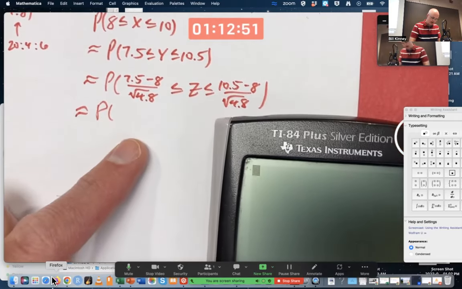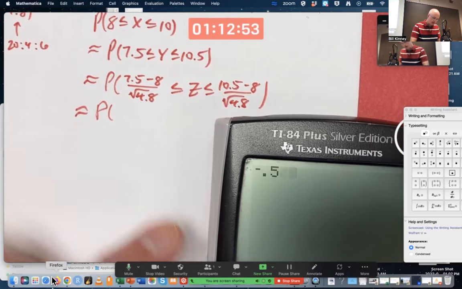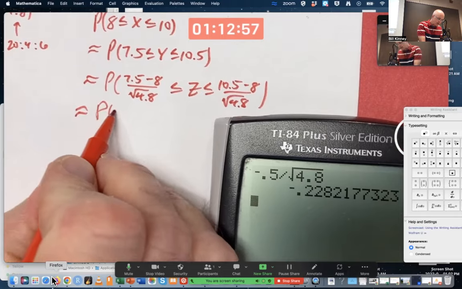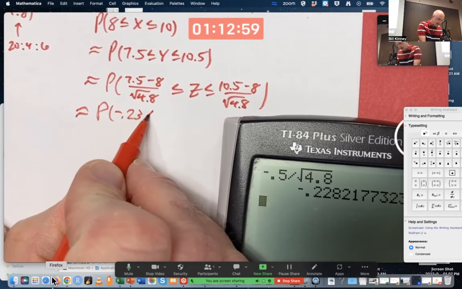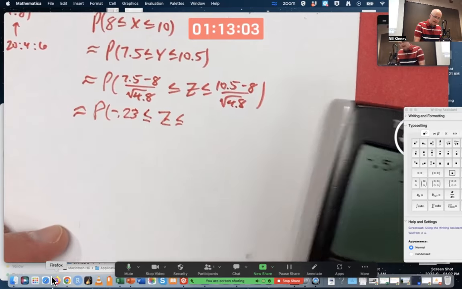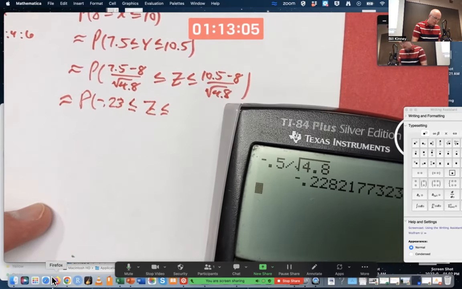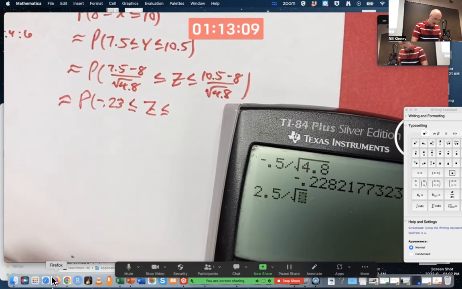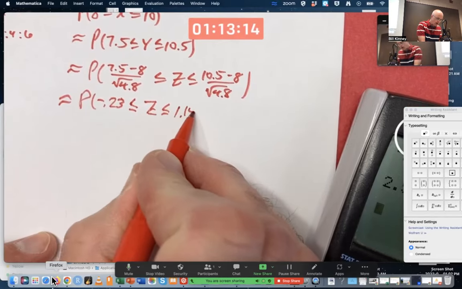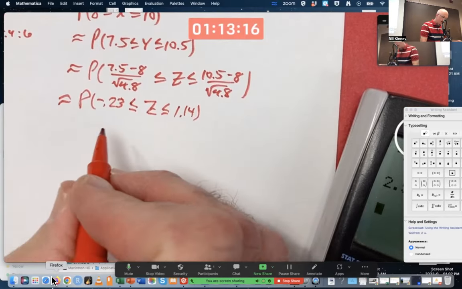Negative 0.5 divided by the square root of 4.8 is about negative 0.23, rounding to what we can use for the table. And 2.5 divided by the square root of 4.8 is about 1.14.